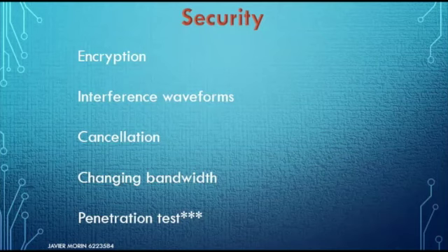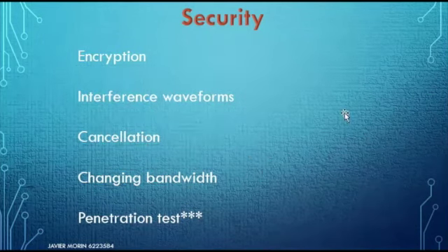So satellite companies could hire these white hackers, also called ethical hackers, to try and penetrate the satellite signal and check for threats. And then focus on applying the encryptions, the interference waveforms, and cancellation as solutions for some threats that they can find during their penetration test.